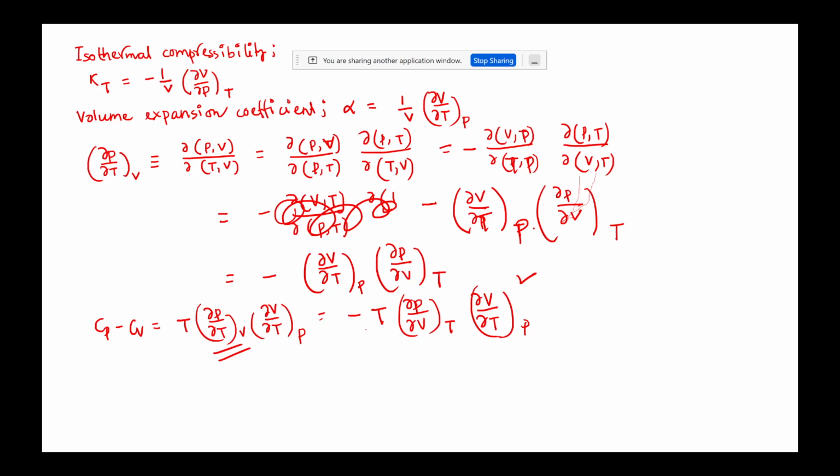Now I will arrange it in such a way that it will give in terms of this thing. So let's say equals minus T del P del V, there is only one, so let me write del P del V T times V.